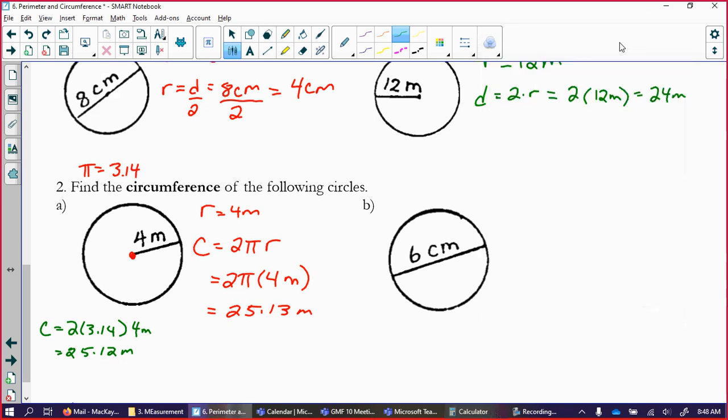If you get into higher level math courses, physics courses, engineering, you want to make sure you use as much precision as possible. So let's look at one. This one we're given a diameter. Could you turn that into a radius and use 2 pi r? Yep.